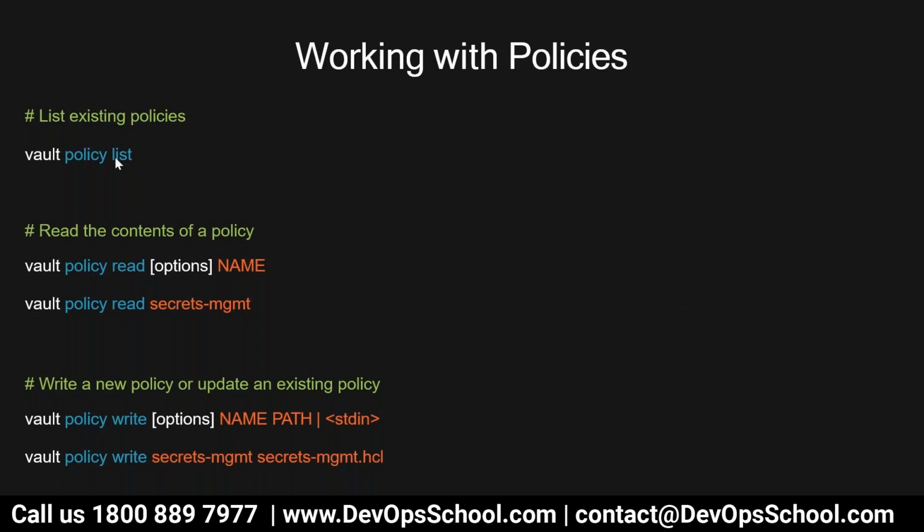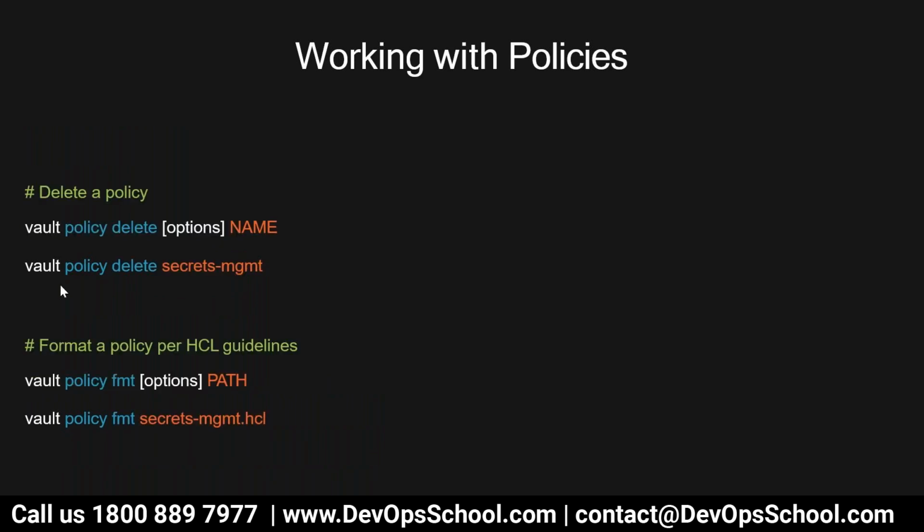First command will list all the policies. Second command will help you read the policies. Let's say your policy name is secret management, so you can read the policy. Here you can write the policy, and you see the content for the write is coming from this file, secret-management.hcl, which has to be created.